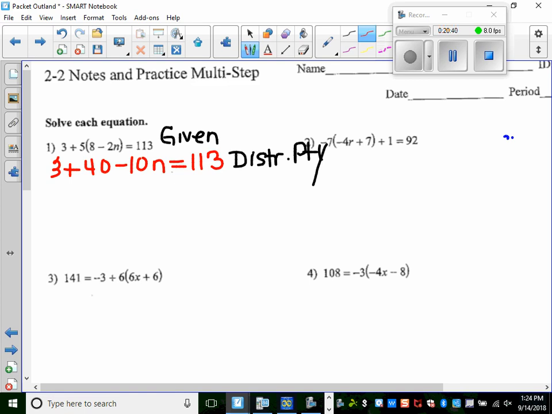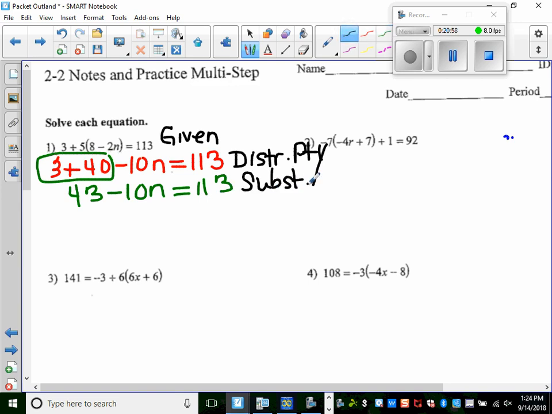All right, next thing I'm going to do is combine these together because they're on the same side of the equal sign. So that's going to give me 43. Now, when I combine that together, I have just used substitution property. All right, my next step, which I'm sure you guys know, is to subtract 43 from both sides.